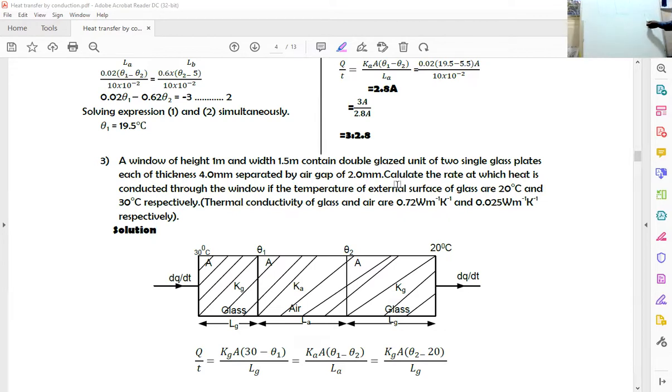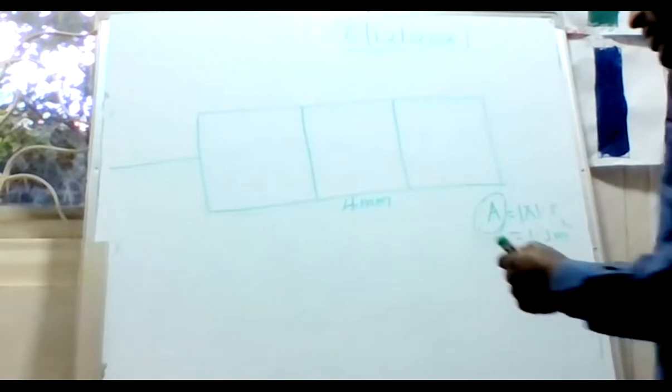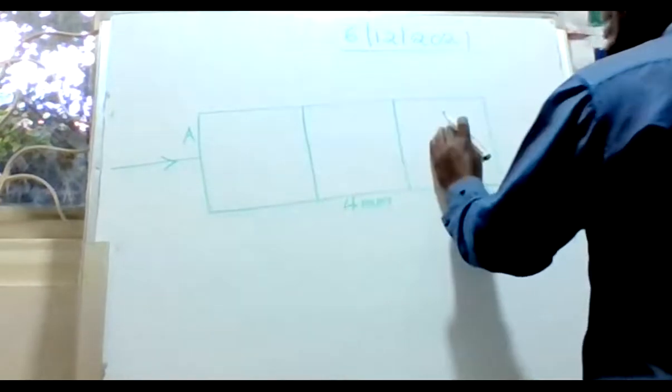So now here we have a thickness of 2 millimeters here. This cross-sectional area remains the same throughout the whole of this because the heat flows like this. I was saying that the cross-sectional area A is the same for here, here, and here.